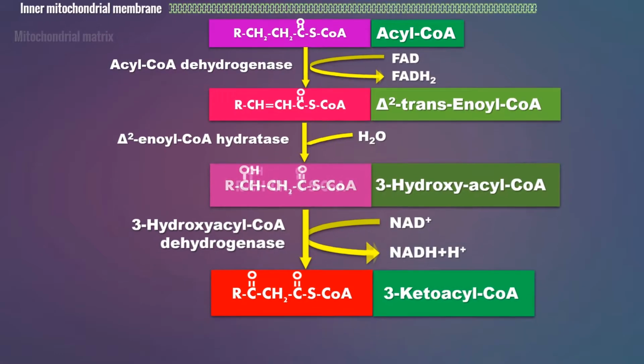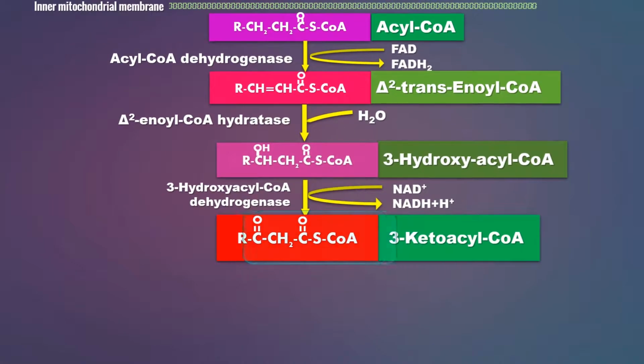The next reaction, you can see here now, the 2 carbon unit looks like acetyl-CoA. This is carbon number 1, carbon number 2, carbon number 3, and this is the alpha carbon atom and this is the beta carbon atom. Now there is going to be cleavage or bond breakage here between the alpha and beta carbon atoms.